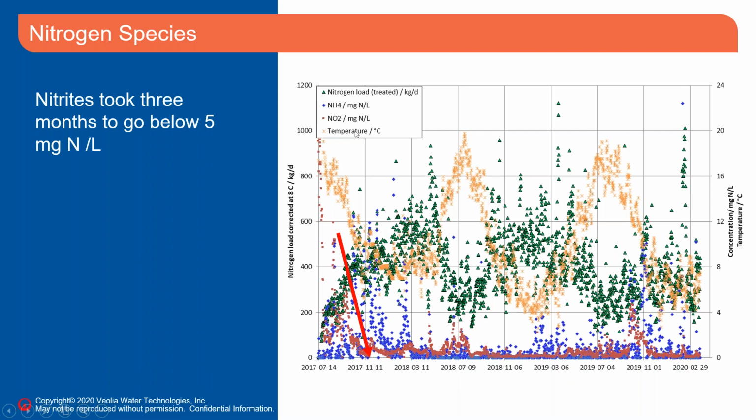This is the time the biomass is acclimating itself and all the species are in place within the carriers and the right reactors. Because at first there's cyanide removed in the first, ammonia removed in the first reactor, and the system needs to be balanced. So this is a transition period where the nitrite was slightly higher. But you can see that since 3 months after the startup, it's very low and it stays low.